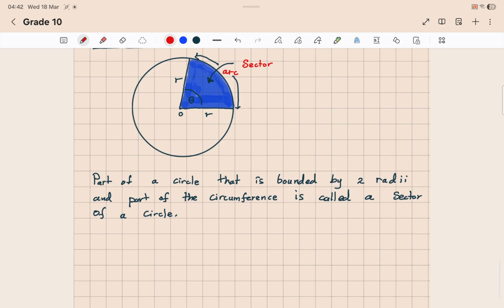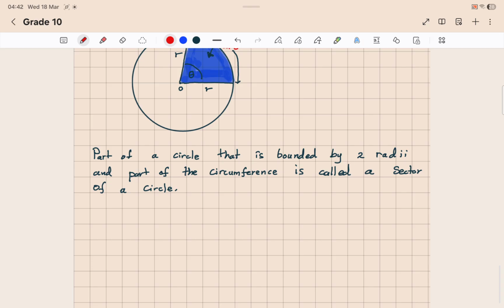Next thing we are going to learn is how to find the arc length of this sector. There's an arc that is connected to the sector, and we want to find that arc length. There's a formula for that.